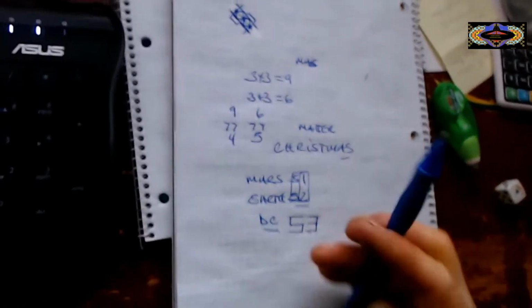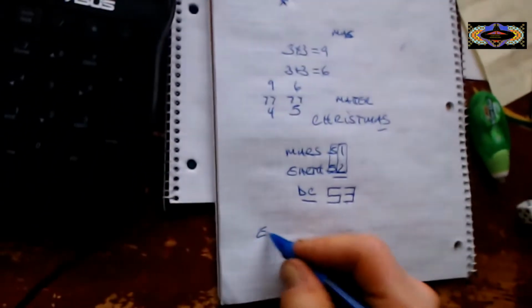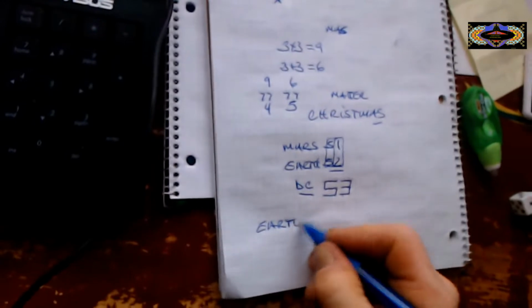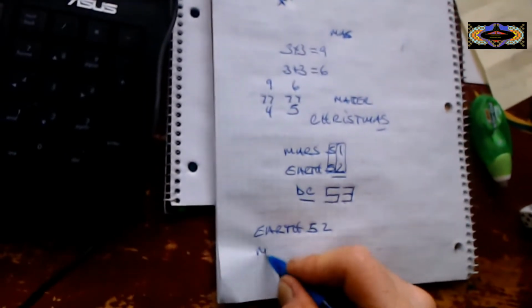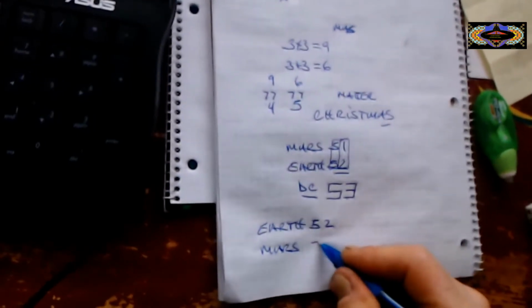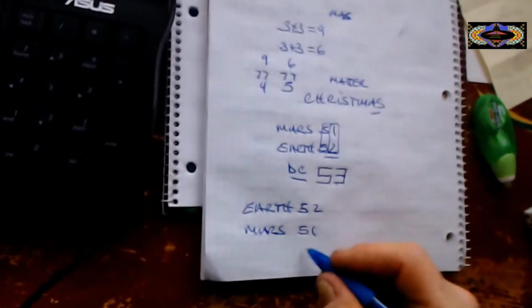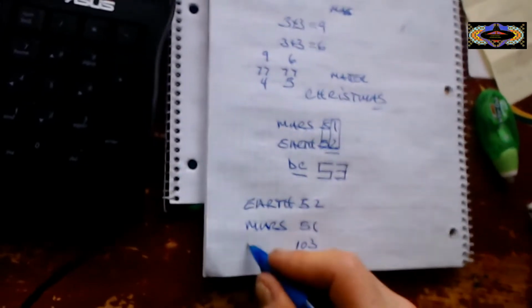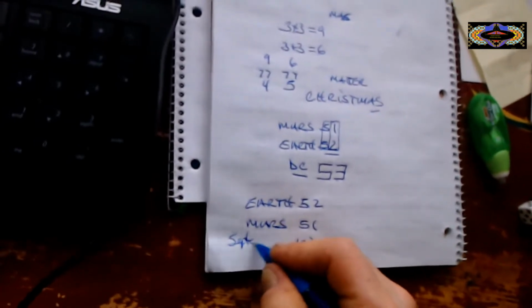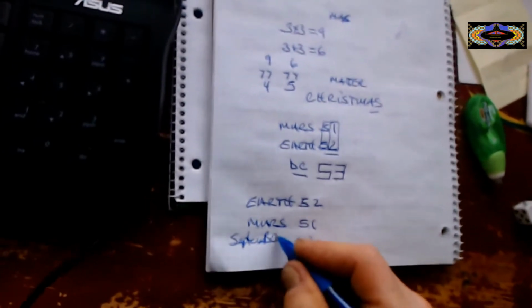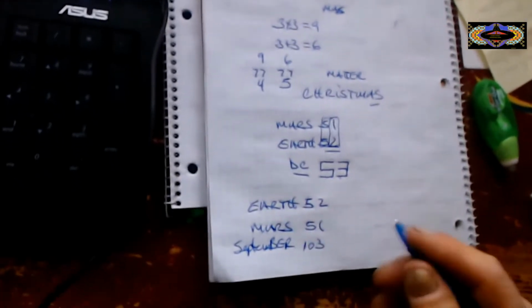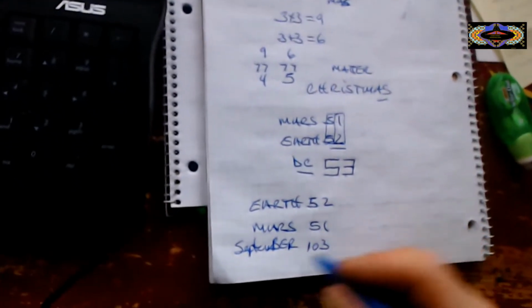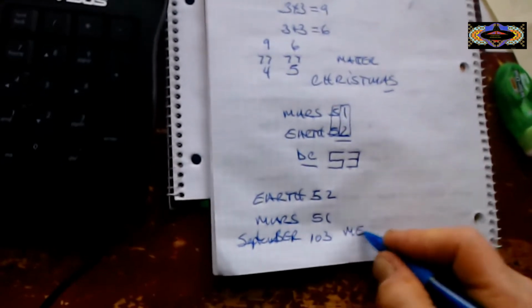Okay, so the numeric value for Earth is 52. The numeric value for Mars is 51. The total is 103, which is September, which is noted to be the 7th month for the Hebrews, but is the first, it is the new year. 103 is also Mercury.